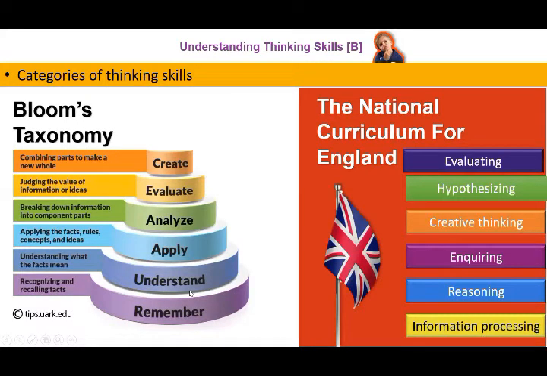So the remembering stage is deleted or put aside, because understanding in Bloom's taxonomy corresponds with information processing in the national curriculum. So that's the first difference between them.